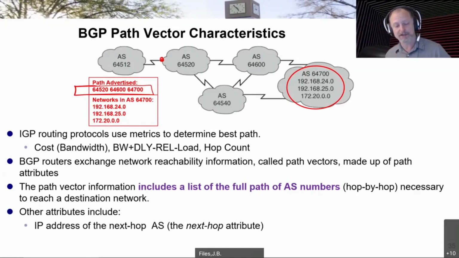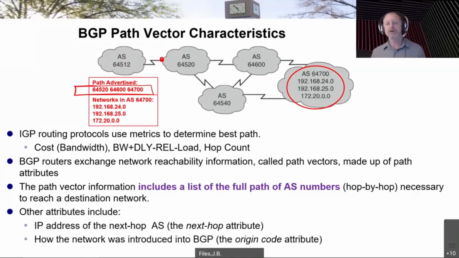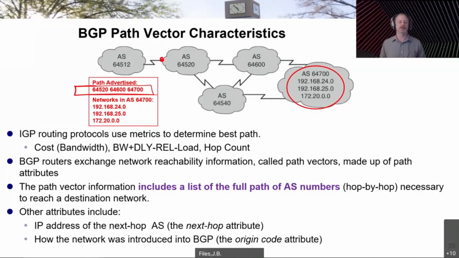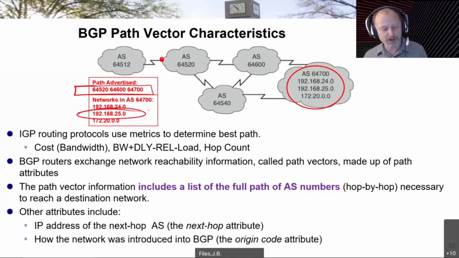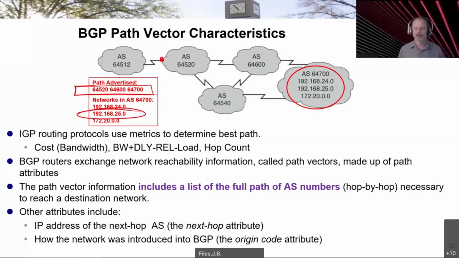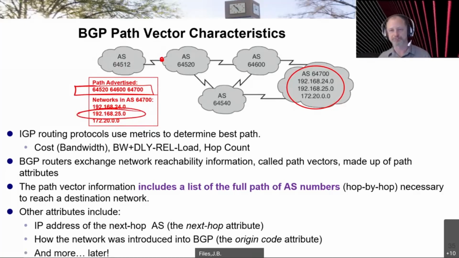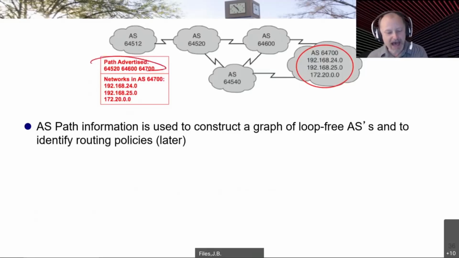So the IP address of that router right there. How did the BGP universe learn about the prefix or the subnet that we're trying to get to? Okay. And there's a whole bunch more too that we'll talk about.